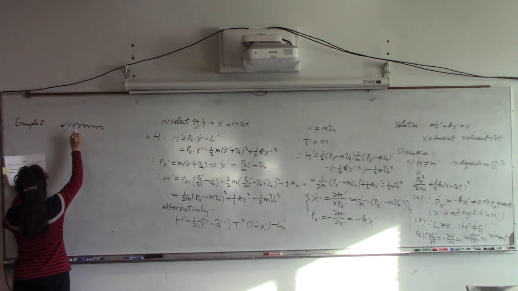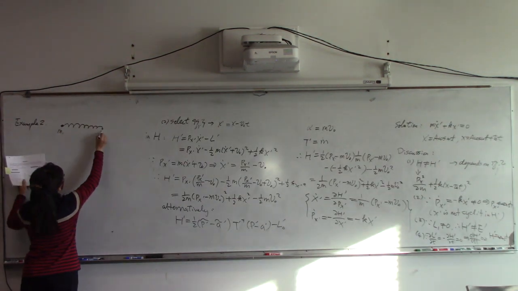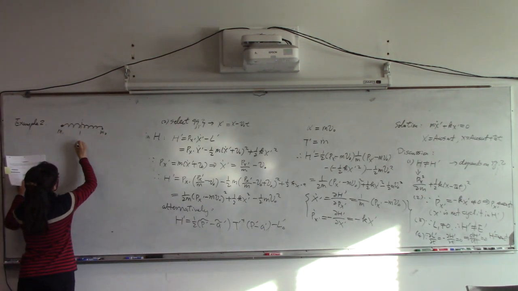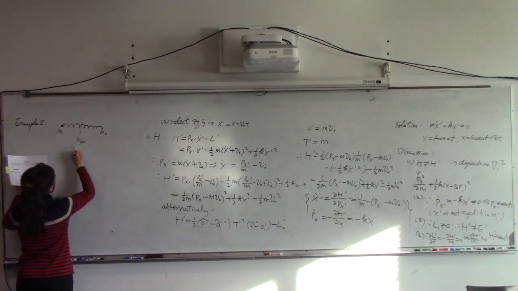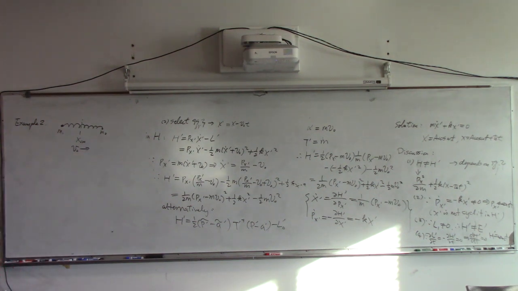Let's say the masses are the same, M1, M2. Now we have a central mass here, which has a uniform velocity and moves along this direction. That is the situation.